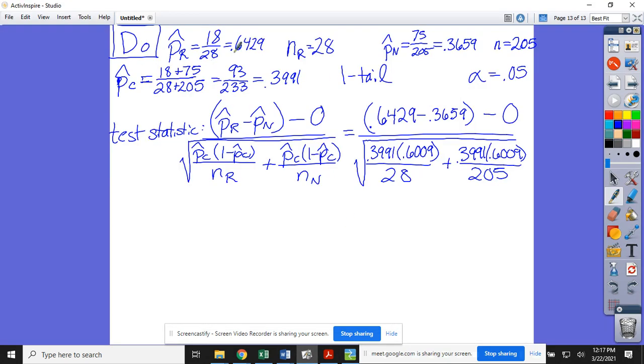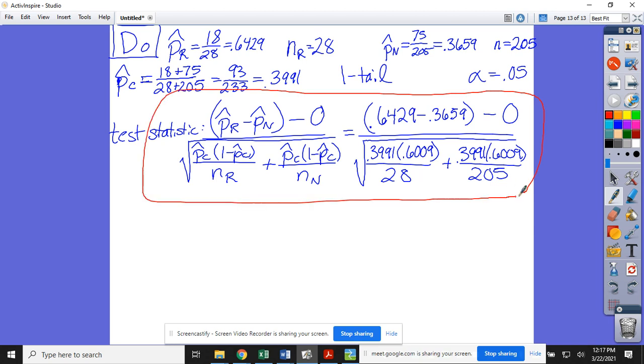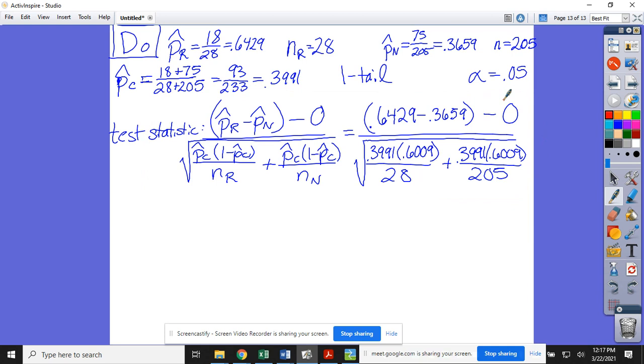Even when I was explaining it, I went ahead and had you guys type in these numbers so we could figure out what they were. If I were actually doing this as a problem, I would have just typed it in my calculator and then gone back and written them in, or just left it as a fraction. You still have to write this part, but then you don't actually type any of it in. All right, so our test statistic value ends up being what?